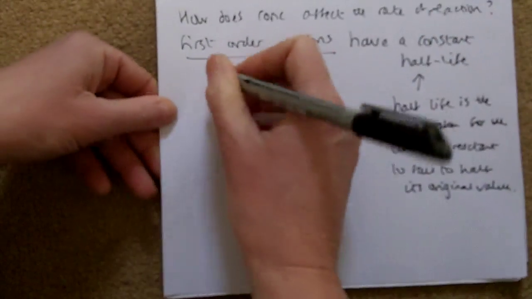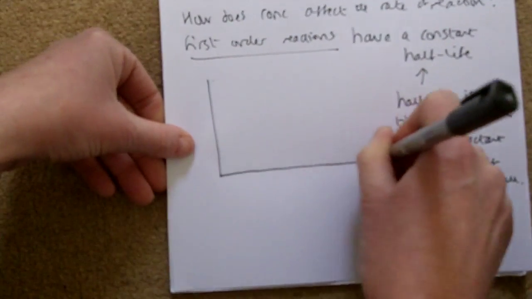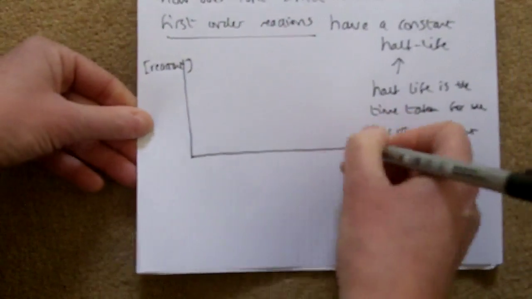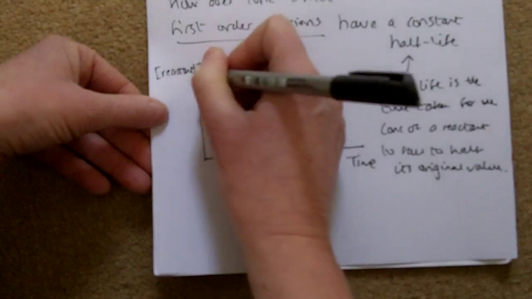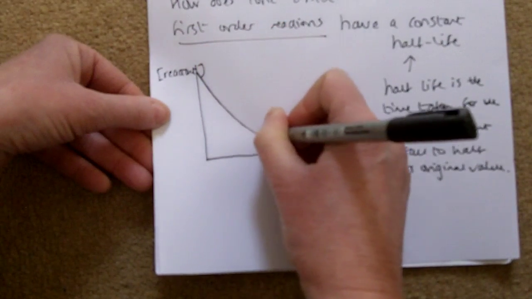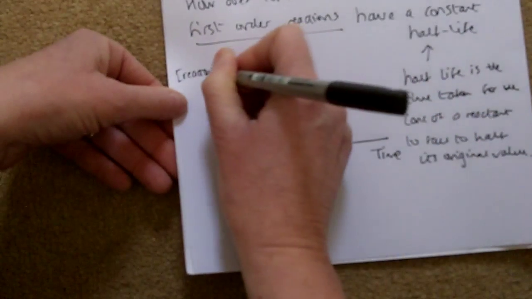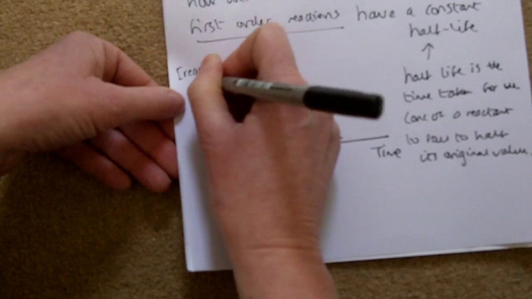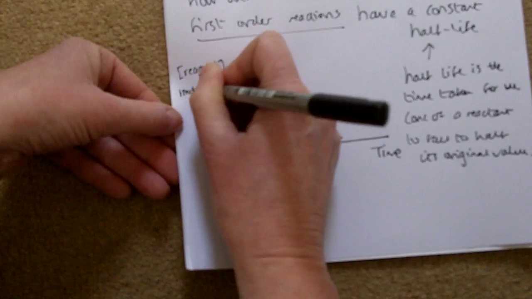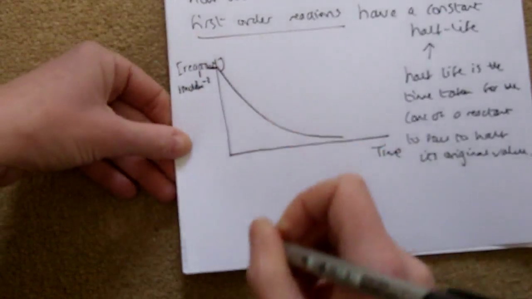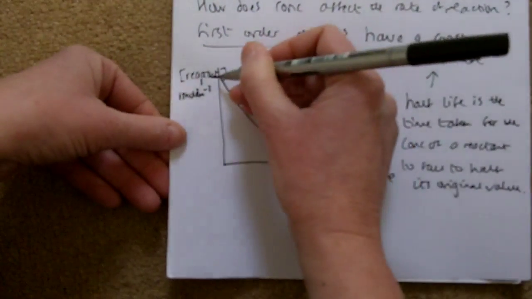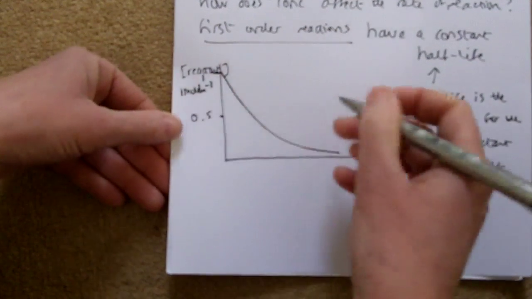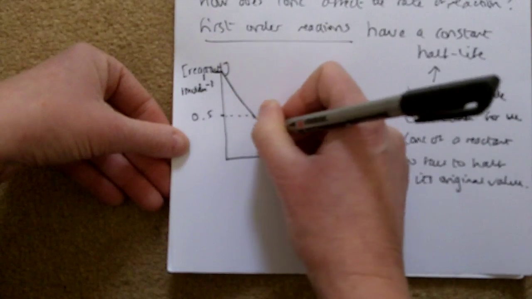Okay, so if we take a concentration versus time graph, this is the concentration of a reactant against time. I'm sketching this, so it's not going to look super perfect. Let's say the initial concentration was 1 mole per decimeter cubed. Then the time taken to halve to 0.5, that is called the half-life.